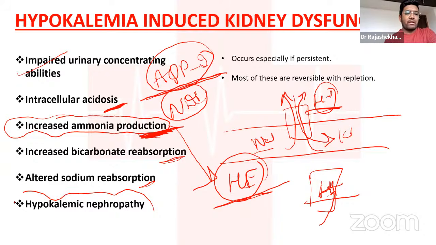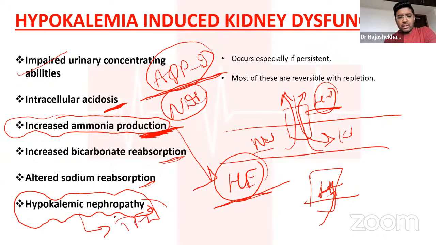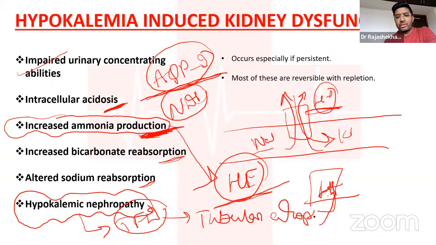And there is a particular entity called hypokalemic nephropathy, where long-standing hypokalemia can cause tubular functional defects and sometimes tubular atrophy. So chronic tubulopathy can occur, manifesting as CKD in a long-standing hypokalemia in your patient.